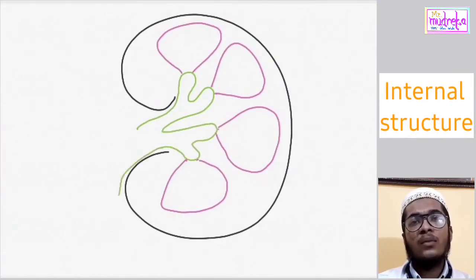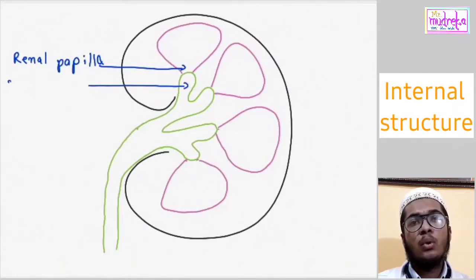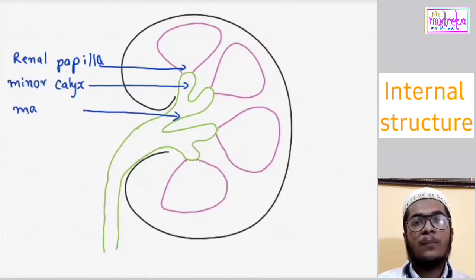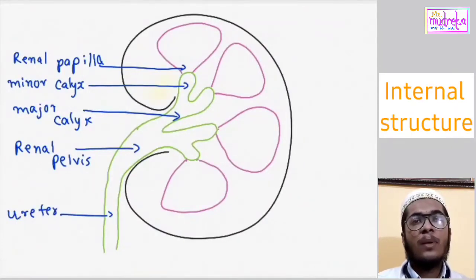Numerous nipple-like elevations, that is renal papillae, indent the wall of the sinus. The renal pelvis here within the sinus is divided into two or three large branches, which are called major calyces, which further divide, forming five to eleven short branches called minor calyces, and each minor calyx expands as it approaches the wall of the renal sinus. Its expanded end is indented and molded around the renal papilla.